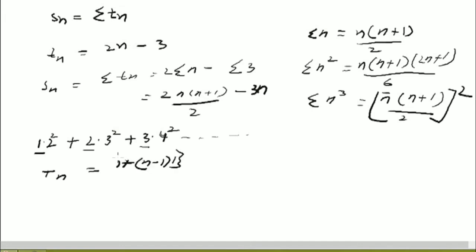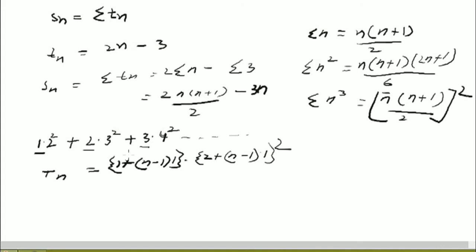If some different series is given, this is a generalized view. See, the second factors are 2, 3, 4, so the nth term will be 2 plus n minus 1 into common difference 1, and the whole square of the second term. So what it is coming out to be, see here, this is n and this is n plus 1 whole square. You just simplify this.